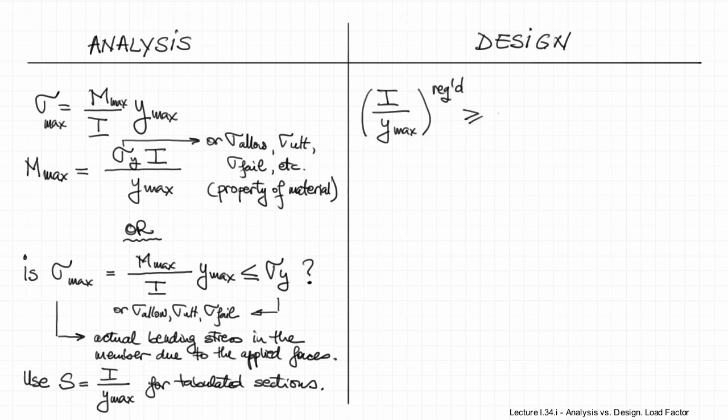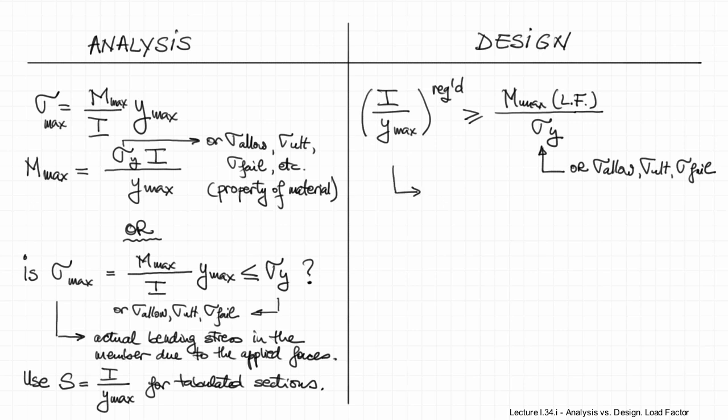Now, if we perform design for custom sections, we can solve for the required ratio of the second moment of area by y max, and that would be in terms of the maximum moment along the beam, the factored moment, so multiplied by the load factor, and sigma yield for ductile materials, or the allowable, ultimate, or failure stress for brittle materials. Again, these are properties of the material.